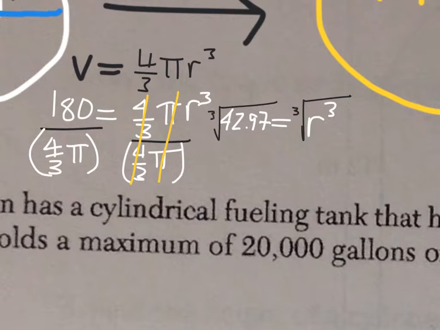And to get that on your graphing calculator, you have to press the math button and look for the cube root symbol, which is the 4th one on the list. So you type in the cube root of 42.97, and you find out that the radius for the balloon at the very beginning was 3.5 inches.